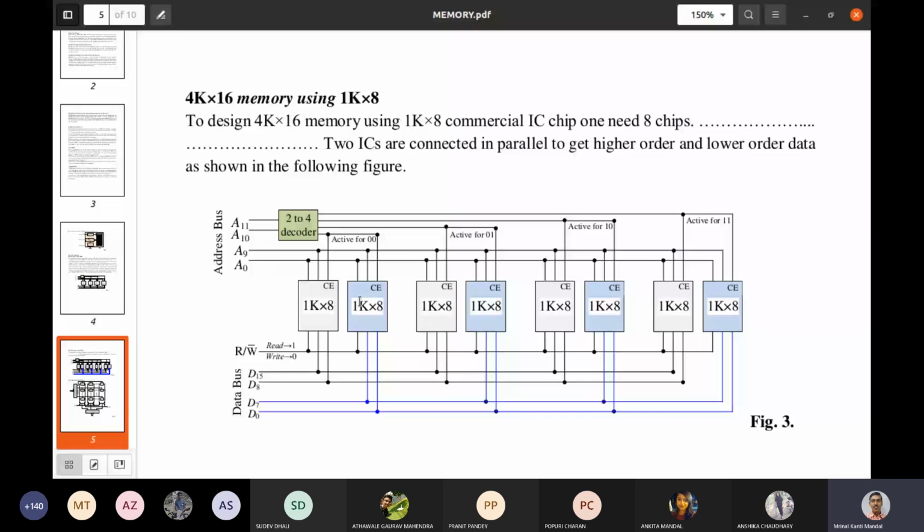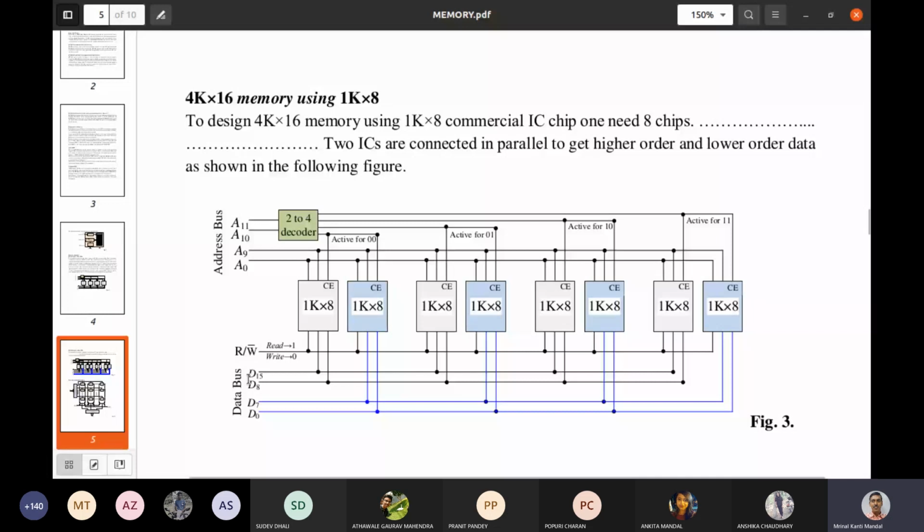Then the data in this particular memory location and in this memory location will come through the buffer to this data line for further processing or output. But we have already determined that this data is the lower order data, that is D0 to D7, and the data coming from this IC is the higher order data.